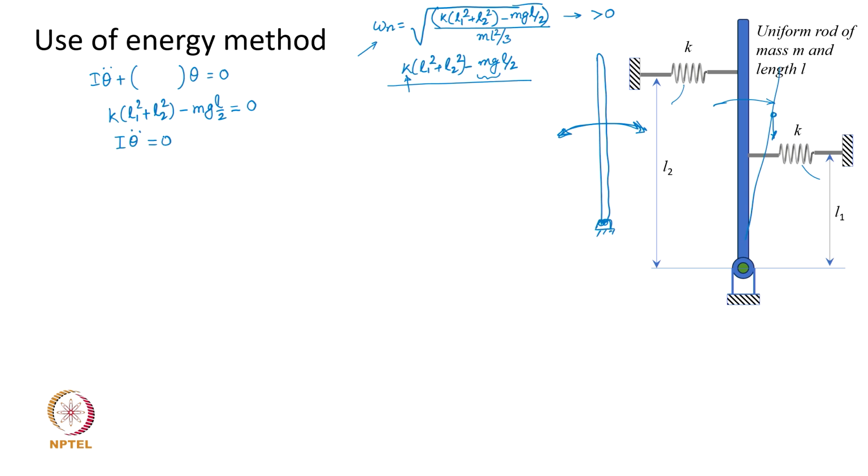So, the equation that we now need to solve is theta double dot equal to 0. Now, what is the solution of this expression? The equation can be solved by integrating.